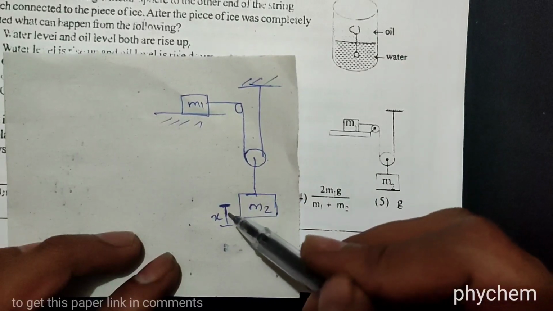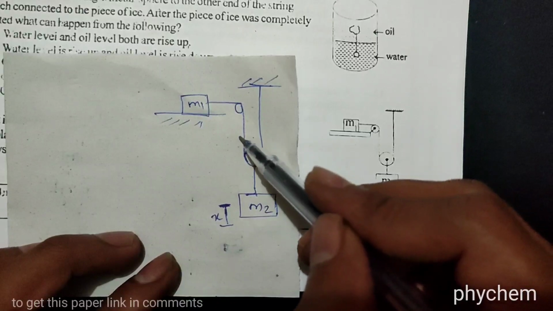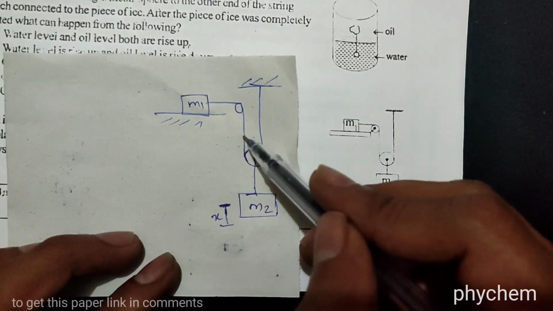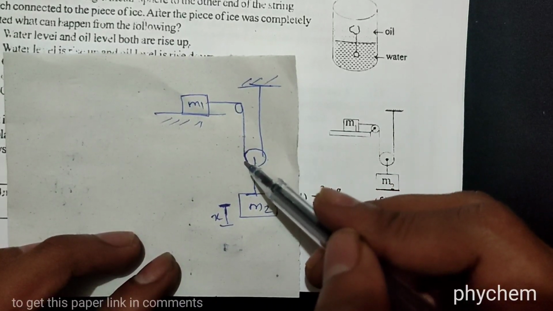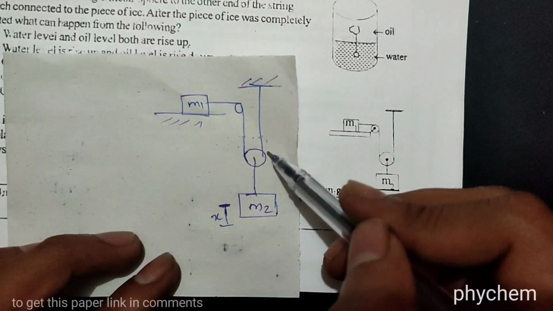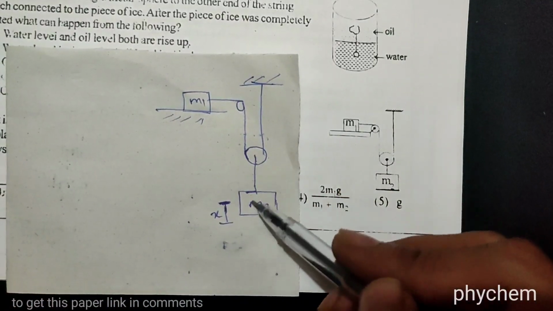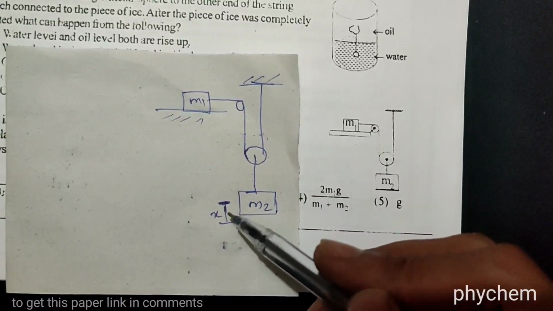If this mass is displaced by a distance x, therefore this length of string has to become x downwards. At the same time this length should go x upwards, then only it's possible for this pulley and this mass to move downwards with the distance x.